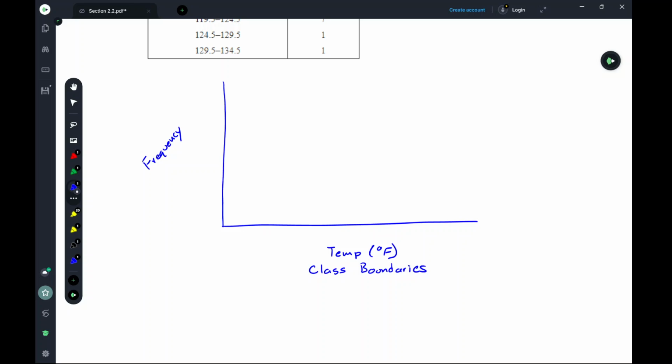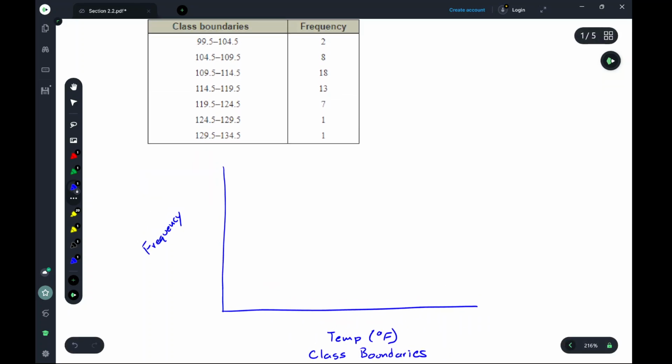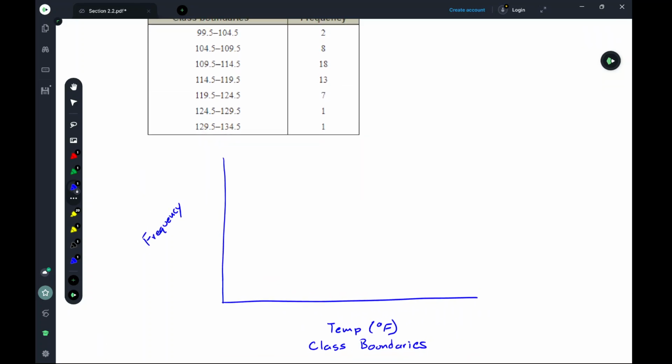On my horizontal, I am going to put my class boundaries. My first class boundary is 99.5. So I'm going to make a mark and go 99.5 all the way up to 104.5. But then my next class goes from 104.5 up to 109.5. And then from 109.5 up to 114.5. And then from 114.5 up to 119.5.